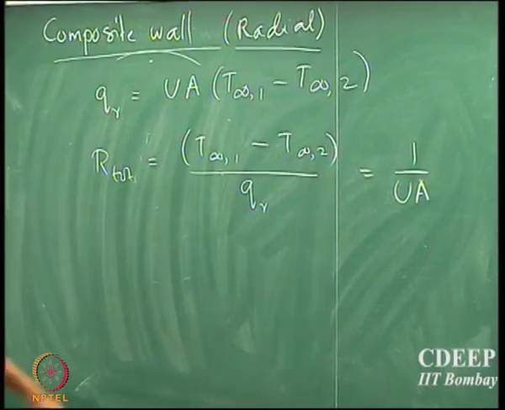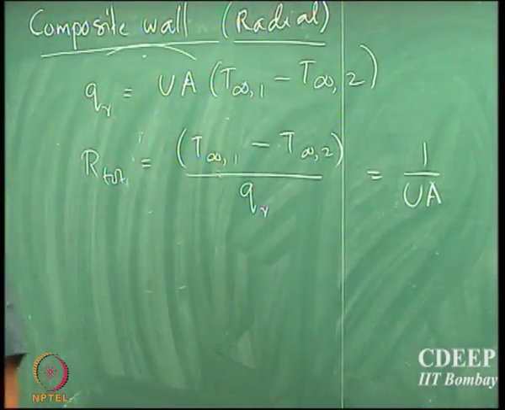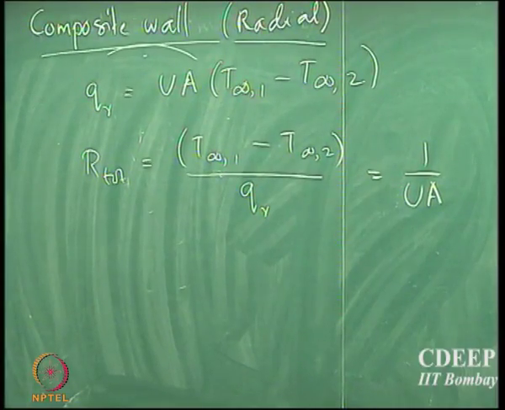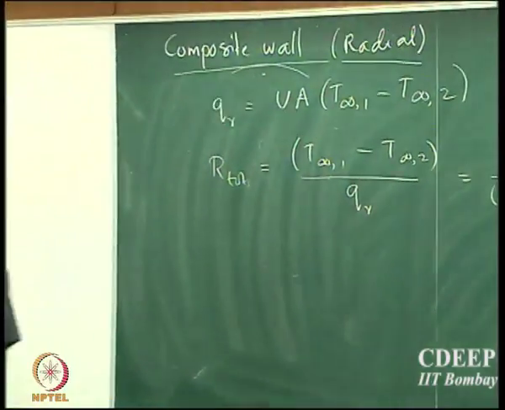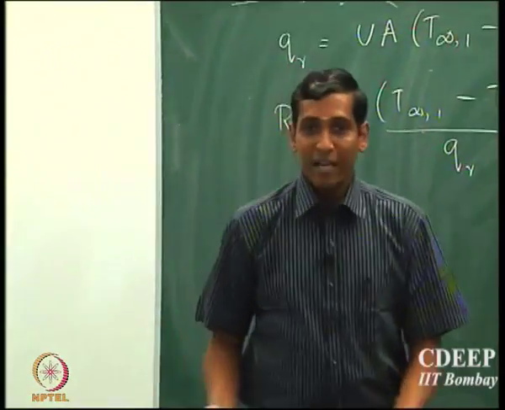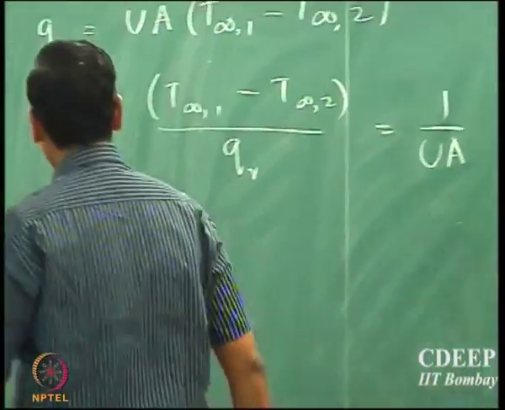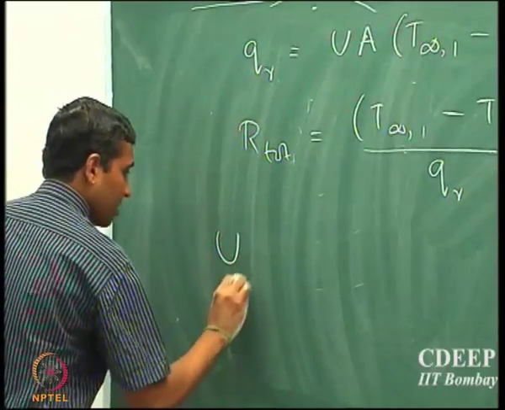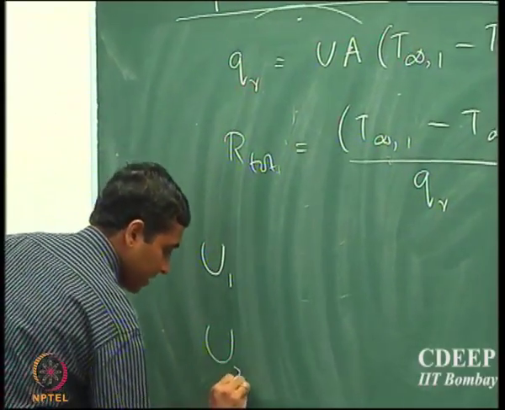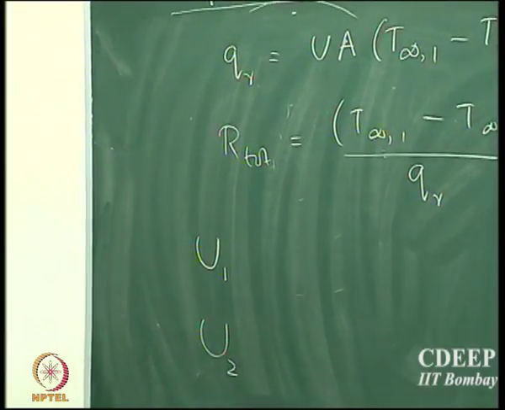So that's the question. Here, what should be the area that you choose for defining the overall heat transport coefficient? In a 1D system in Cartesian coordinates, it didn't matter because the area was the same. Here you can now define two different heat transport coefficients, U1 and U2.